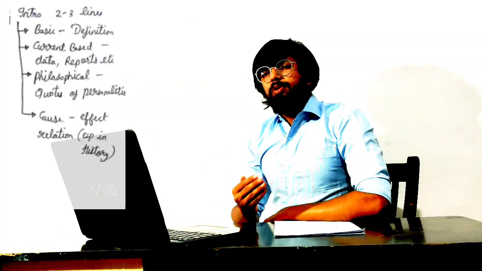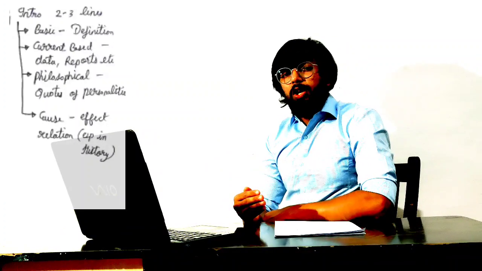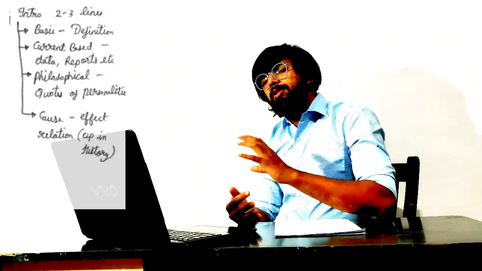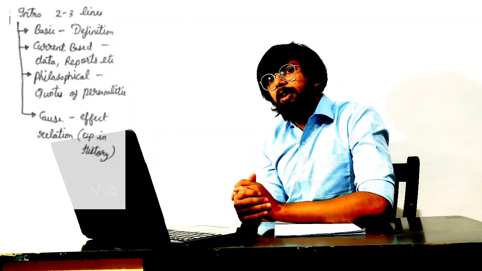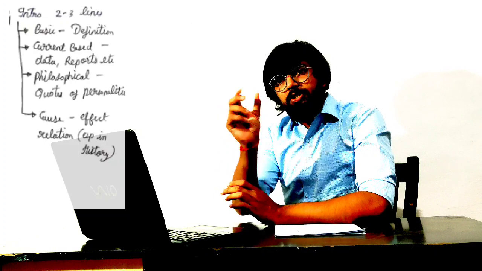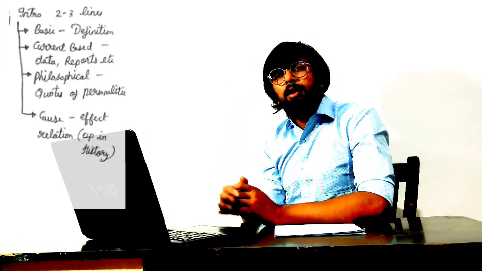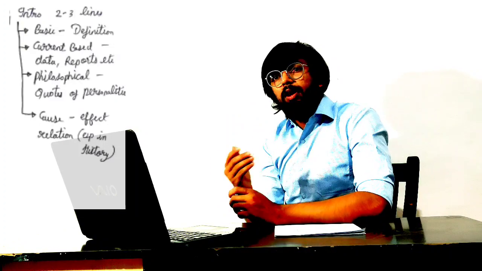So you should start with what was the cause behind such a market policy. You can mention some historian's name, like according to Ziauddin Barni, any such historian, whatever he has commented.